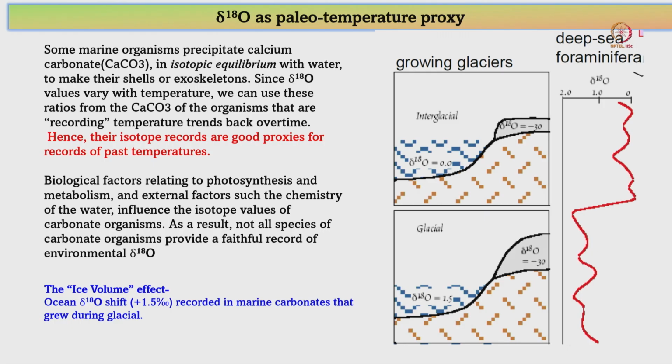It is recording with its ambient water isotope composition. So, since this delta 18O composition is something we can get back from the exoskeleton or skeletons or shells, mostly, then I am going to be able to get that delta 18O value and correlate it with the temperature.